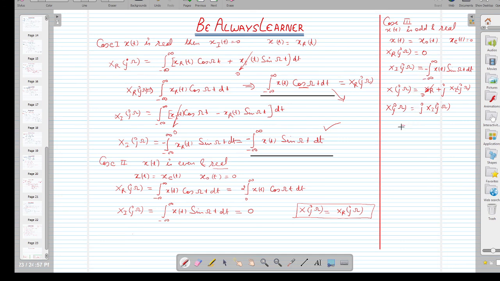So this will be minus of j integration x t sine of omega t dt. Fine. So that was also negative. So for that we are able to compute the function x j omega.